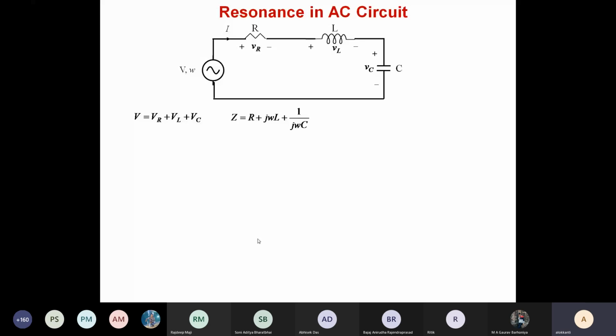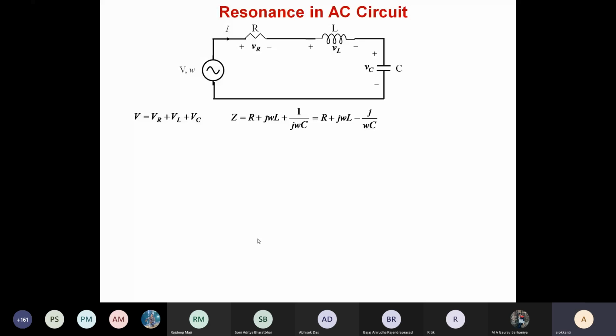So this is series RLC. For L, the reactance part is j omega L. For C, the reactance part is 1 by j omega C. Since it is a series, you just add them to get the series impedance. The j is basically root over of -1, so j square is -1.